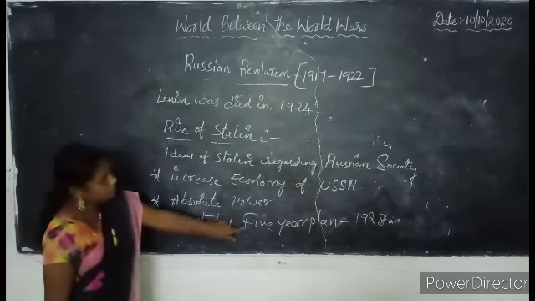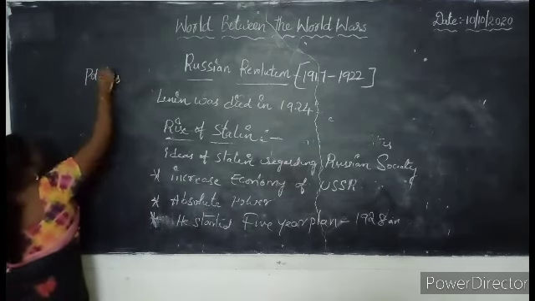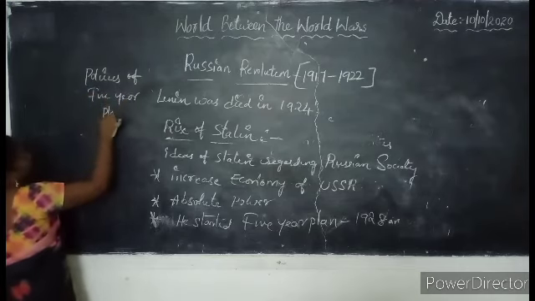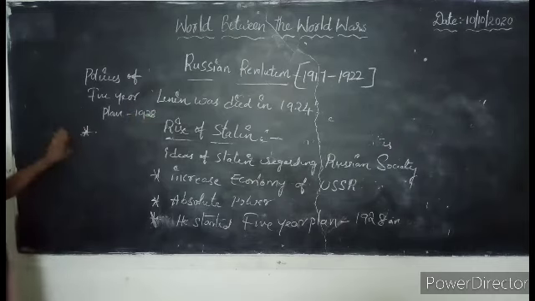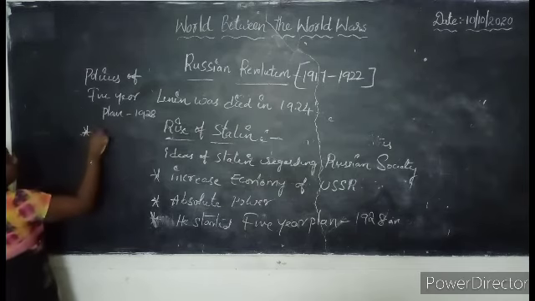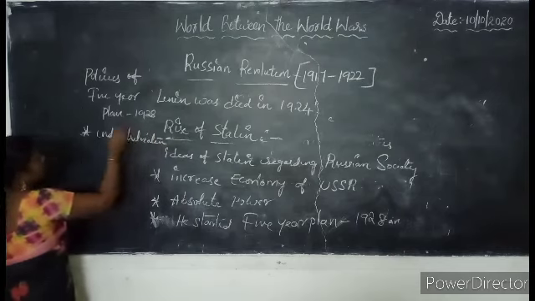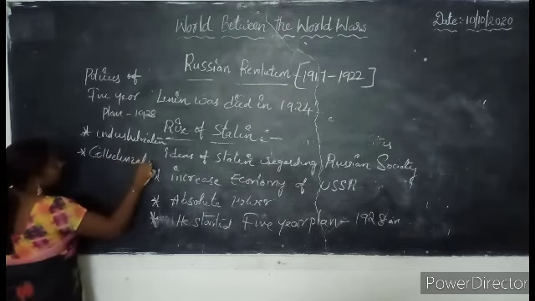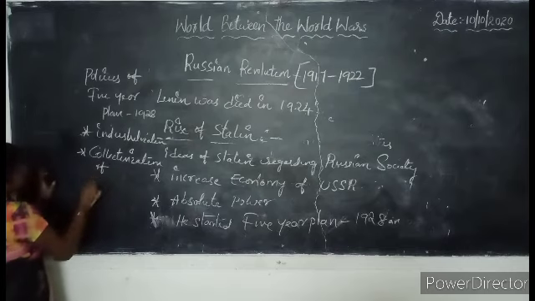1928. What are the policies of the 5-year plan? Let us see the policies of the 5-year plan in the year 1928. Industrialization and collectivization. What is this policy about? Industrialization and cultivation of agriculture.